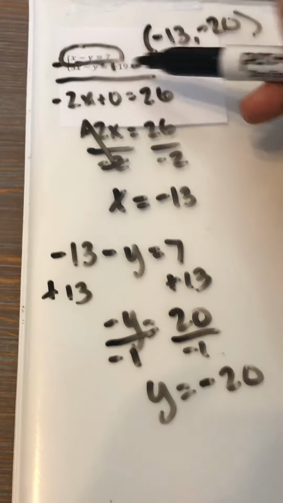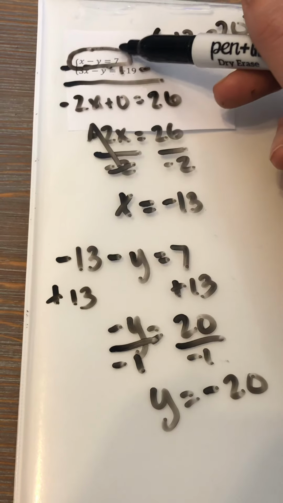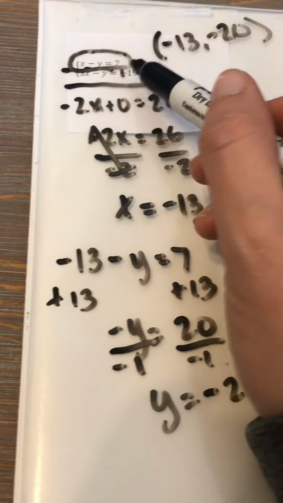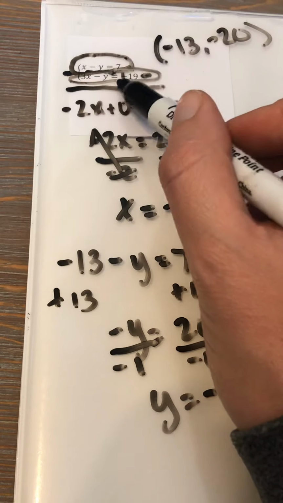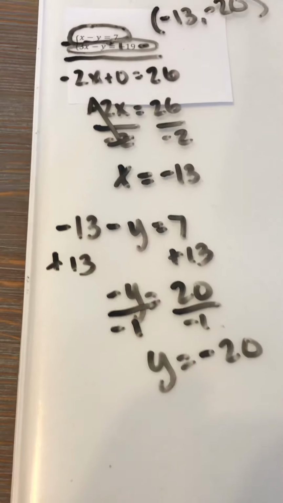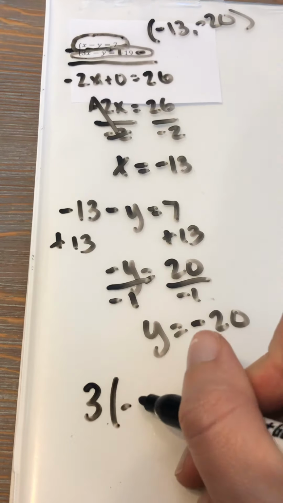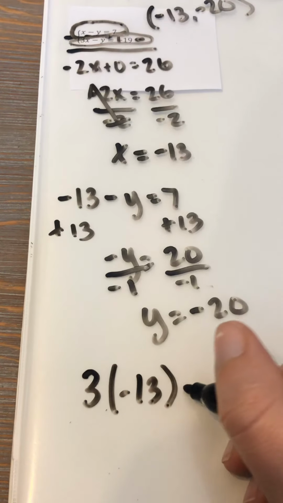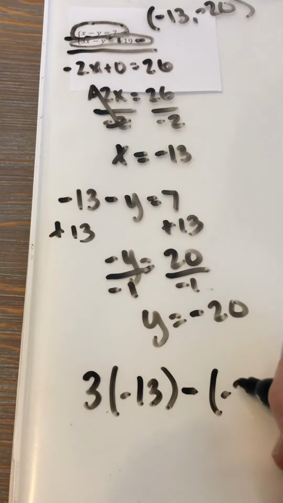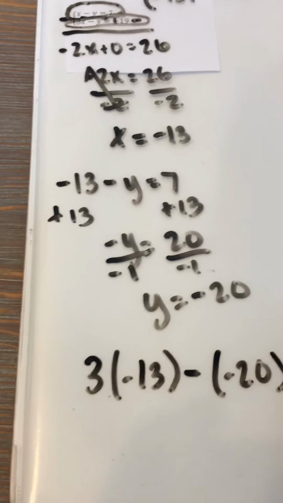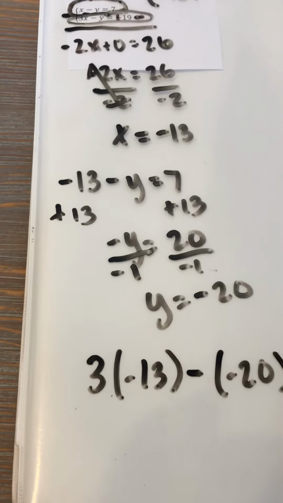And I just want to double check that it works because we used this equation up here. But I want to plug into this equation just to double check. And this is just how we can check ourselves. So 3 times negative 13 minus y, which is negative 20. And I want to know, does this equal negative 19?